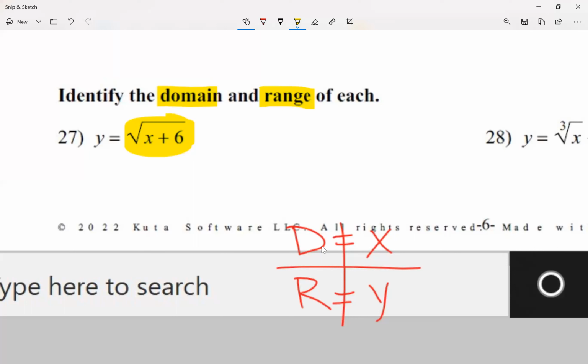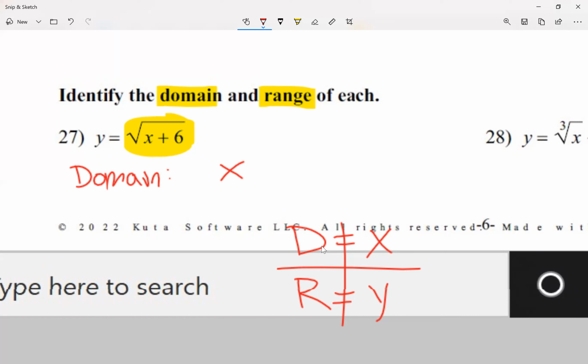So I'm going to say my domain. Let me write domain. My X value cannot make the inside of the square root less than 0. So I can choose -6, because -6 plus 6 will give me a 0. I can choose -6 or anything higher than that.